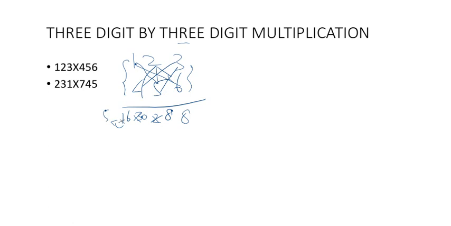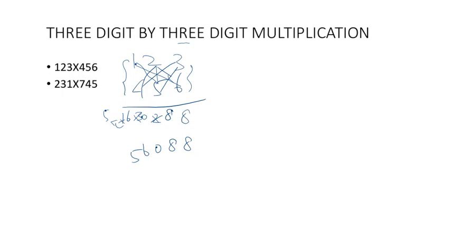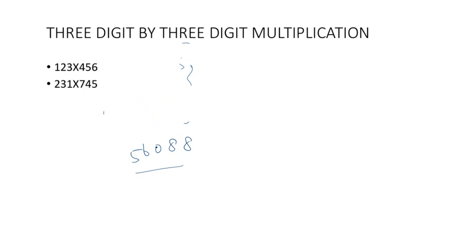So this one will be cancelled. So therefore the final answer is 56088. Now we have performed it correctly. Let me check. Yes, it is 56088. So in this way we have to be careful with our steps. Let me move over to the next problem, that is 231 into 745.